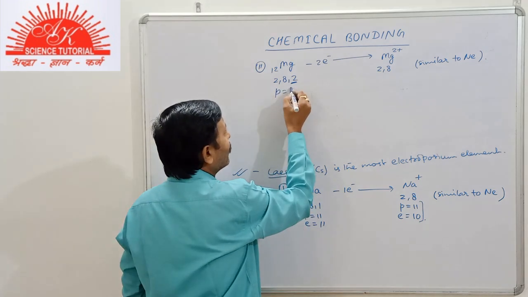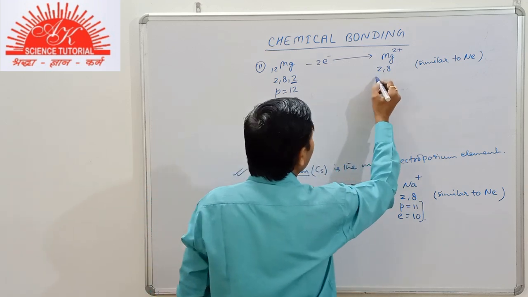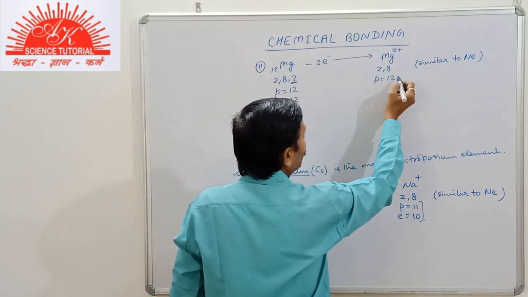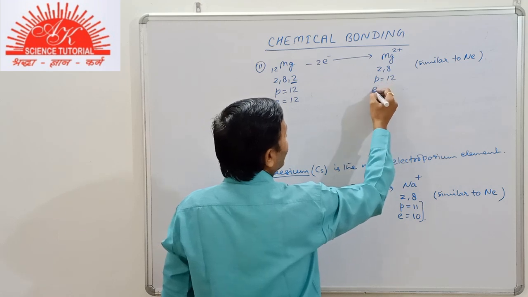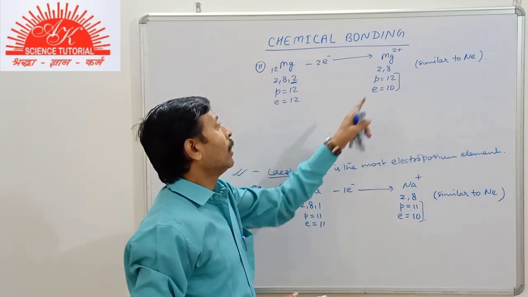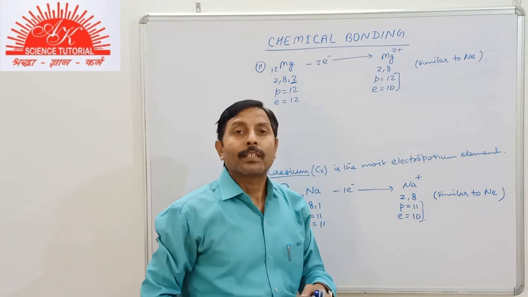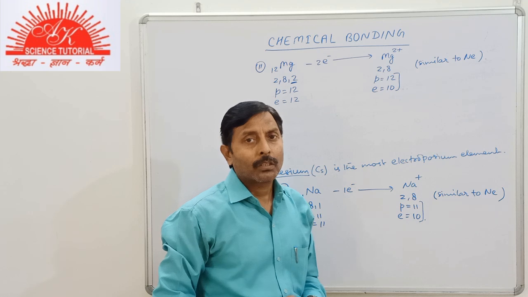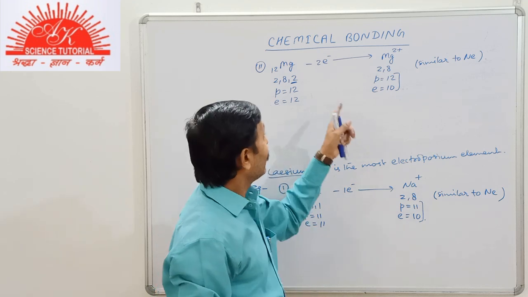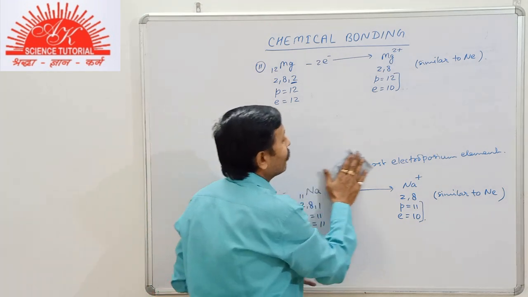It has 12 protons and 12 electrons, but on this side there are 12 protons as they are, while electrons have been reduced to only 10. So 2 extra protons are there. As a result, it acquires 2 positive charges. So students, it will be easier for you to learn how a cation is formed.